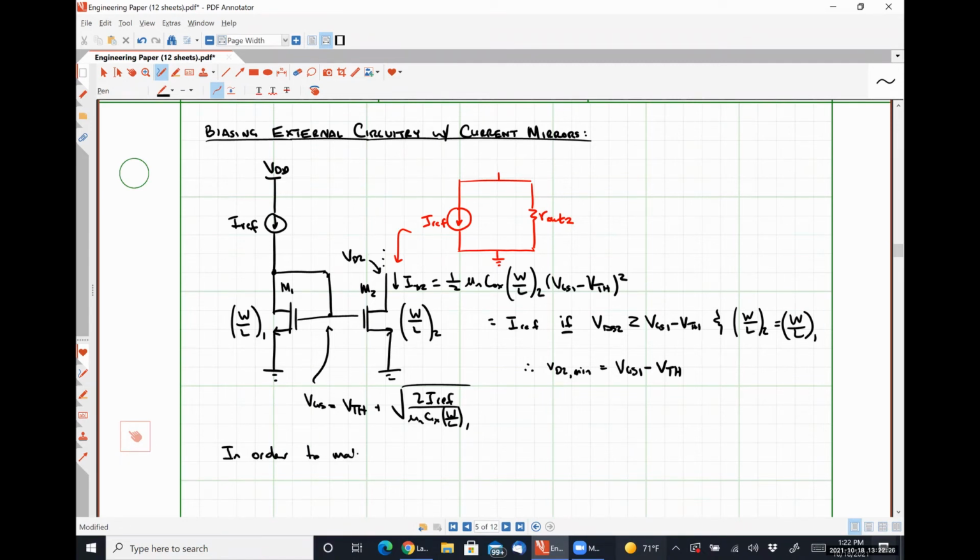To make the current mirror behave like an ideal current source, we need to what?